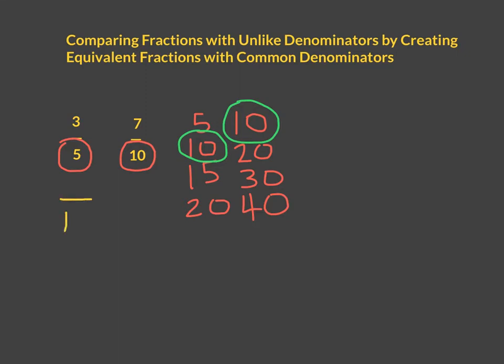So underneath each fraction, we're going to begin to create equivalent fractions that have a common denominator of 10. This is the first step in comparing fractions with unlike denominators by creating equivalent fractions with common denominators.